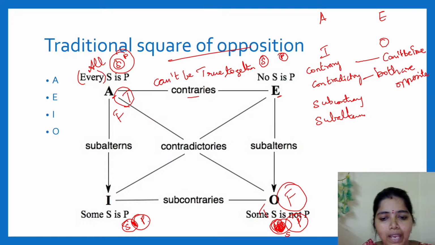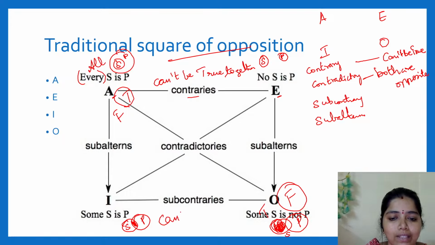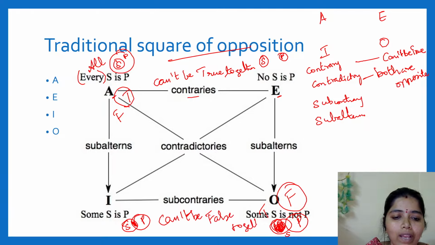No. In some cases, some politicians are liars, and some politicians are not liars. They can be true together, but at the same time, they cannot be false together. You understand this one? They both cannot be false together.